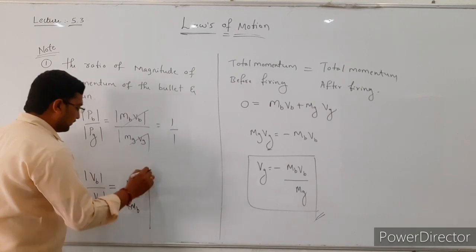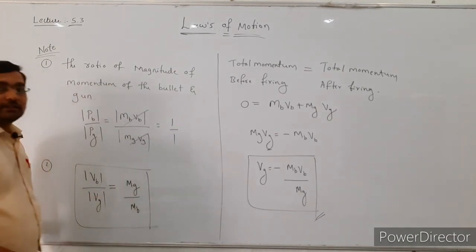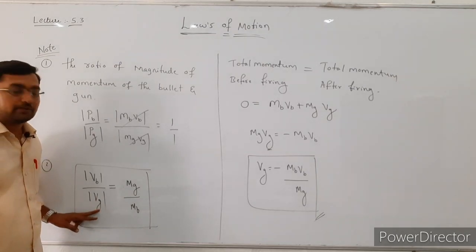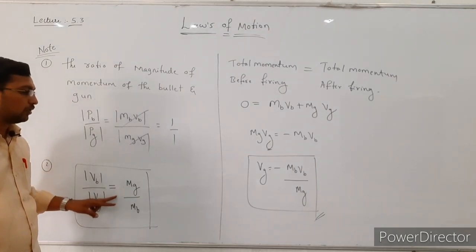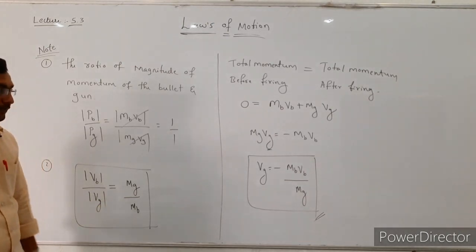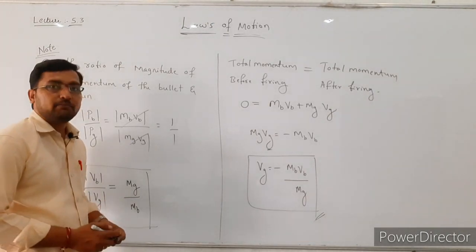So this is the ratio of the magnitude of the velocity of the bullet with respect to the magnitude of the velocity of the gun, equal to the mass of the gun by mass of the bullet.